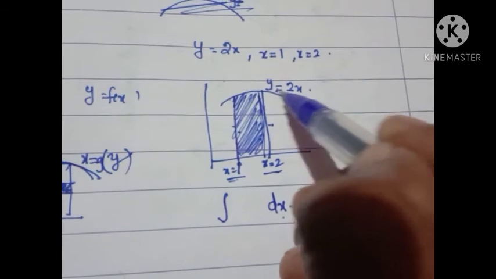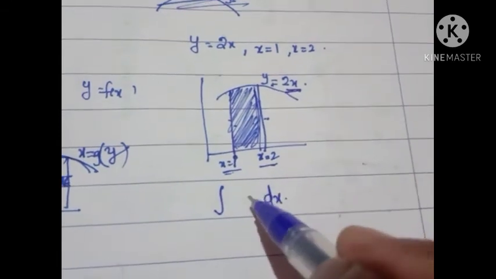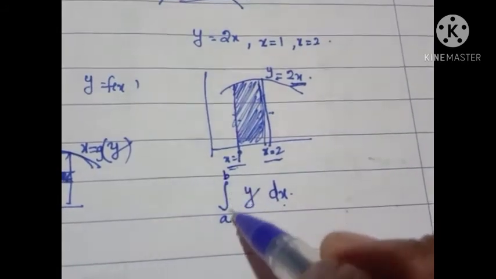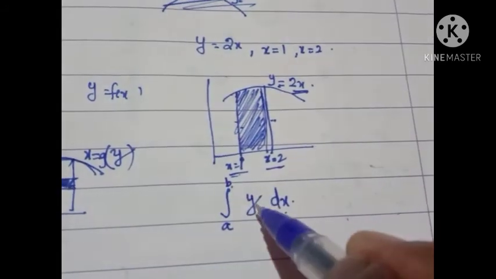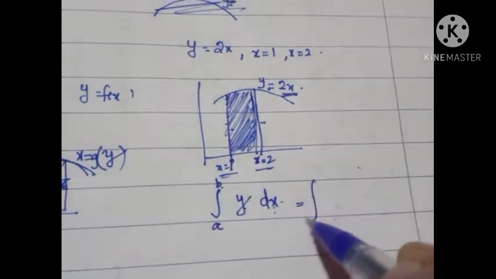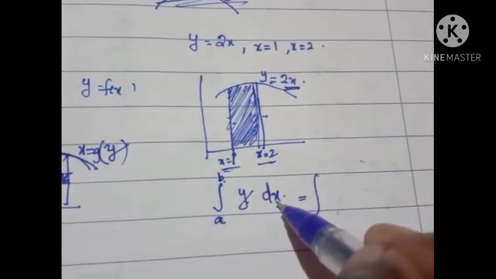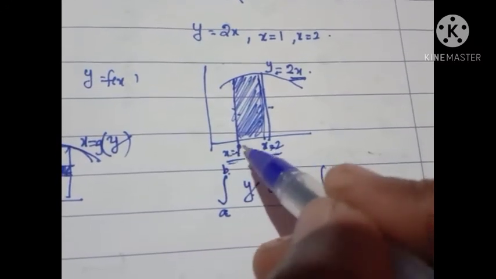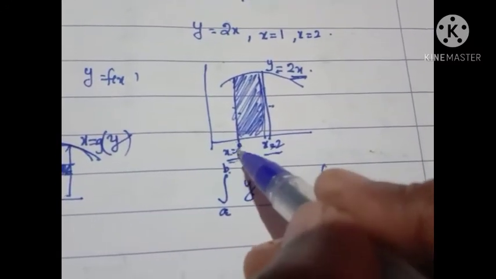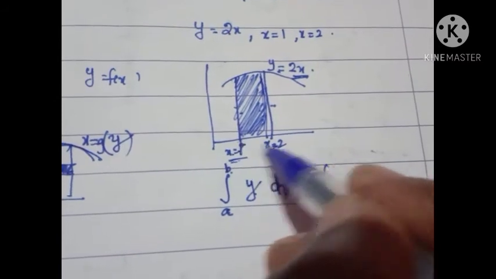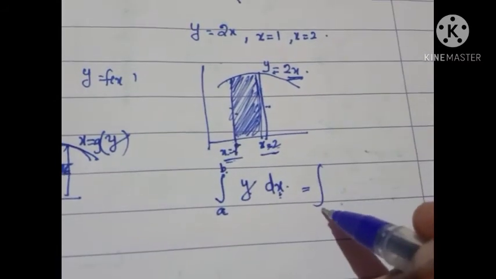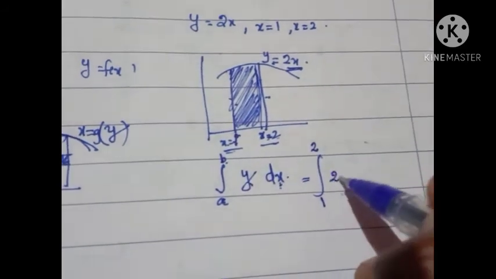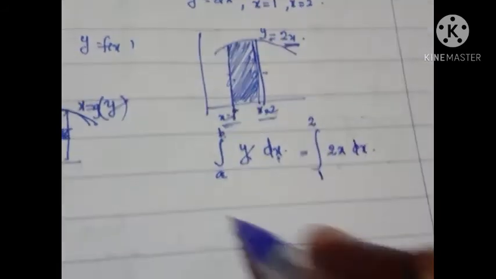The area is obtained by using the formula integral from a to b y dx, where a and b are the values of x in this interval. The interval starts at 1 and ends at 2, so we integrate from 1 to 2 the function y equal to 2x with respect to x.